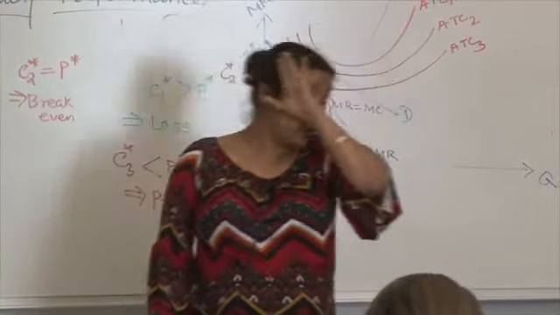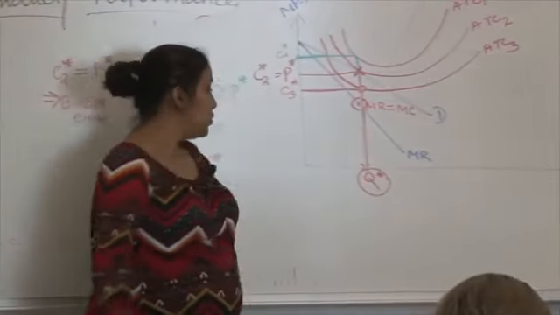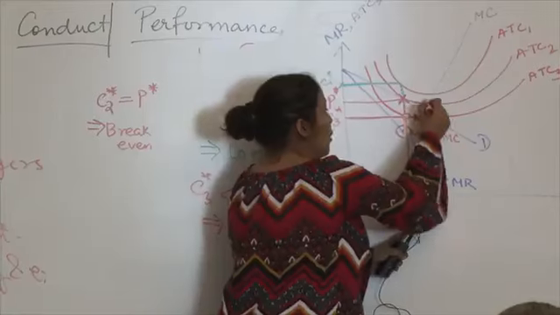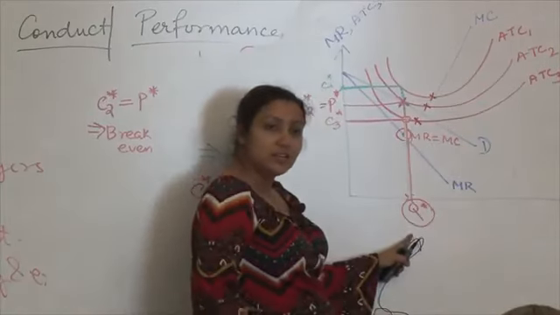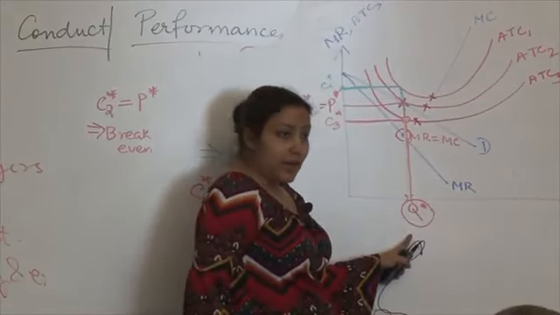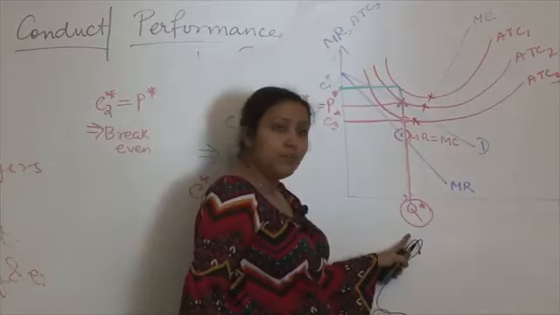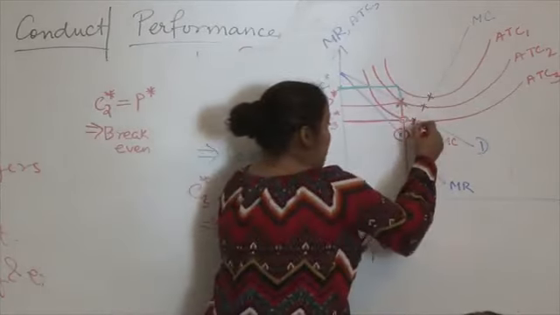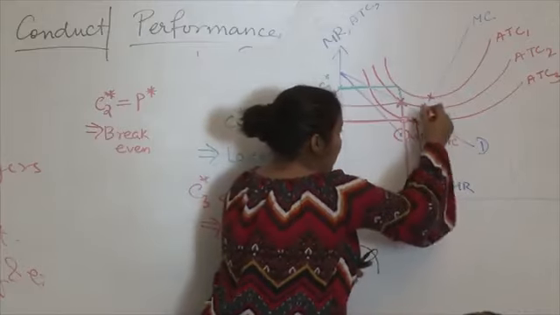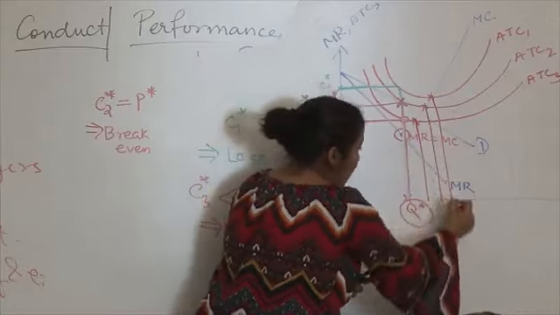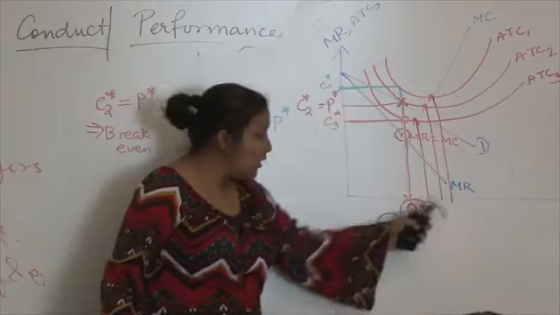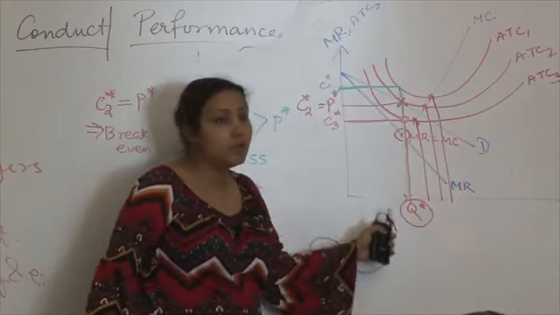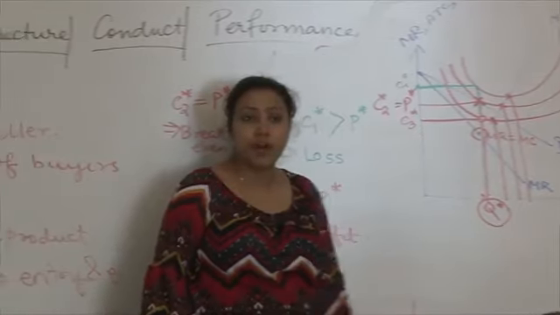One last point before I end today's class. Please note that none of this output is at the minimum point of those respective ATCs. The minimum point of this ATC would have been here, this would have been there, this should have been there. It is lower than the minimum point of ATC, isn't it? So, they are not producing the cost minimizing level of output.